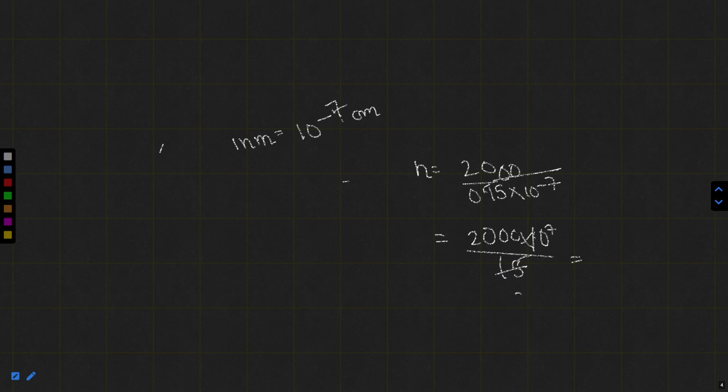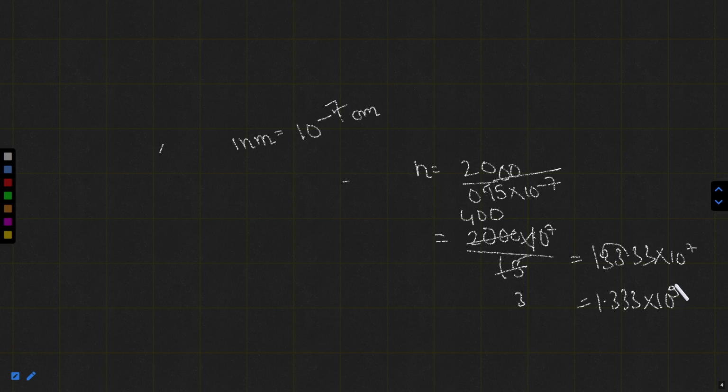Let us calculate it. 5 3s are 15 and 5 4s are 20, that is 0 again. Now 3 1s are 3, and 3 1s are 3, that would give us 1. 3 3s are 9, so 33.33 into 10 to the power 7. If you move the decimal 2 places, we will increase the power of 8 by 2, to 9. So that would be the number of atoms.